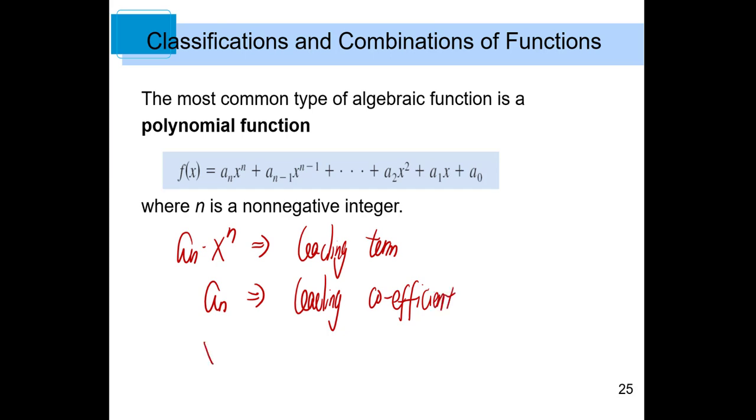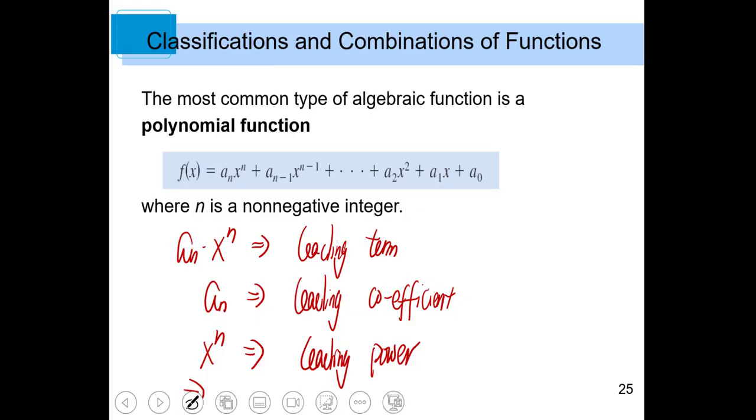And then x to the n is called the leading power. And this is very important, right? It determines the degree of the polynomial function. And this one is called the nth degree polynomial function.